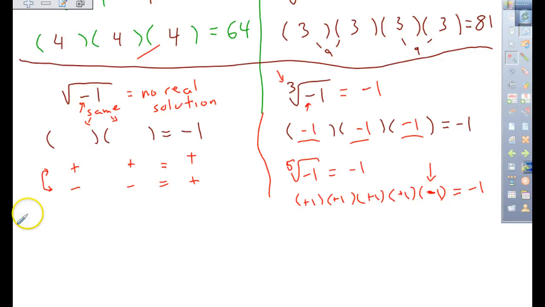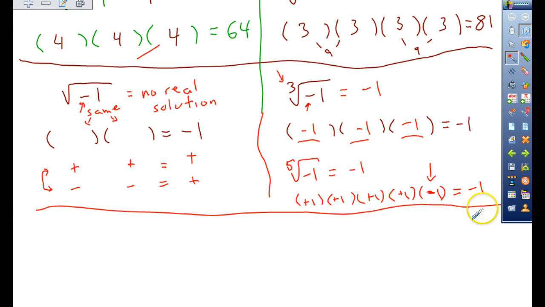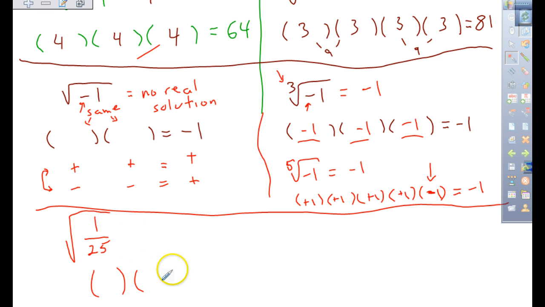And please, nobody's allowed to say if it has a fraction, it's harder. Please, please. So the square root of 1 over 25. What times what equals 1 over 25? Yeah, 1 over 5. 1/5 times 1/5.